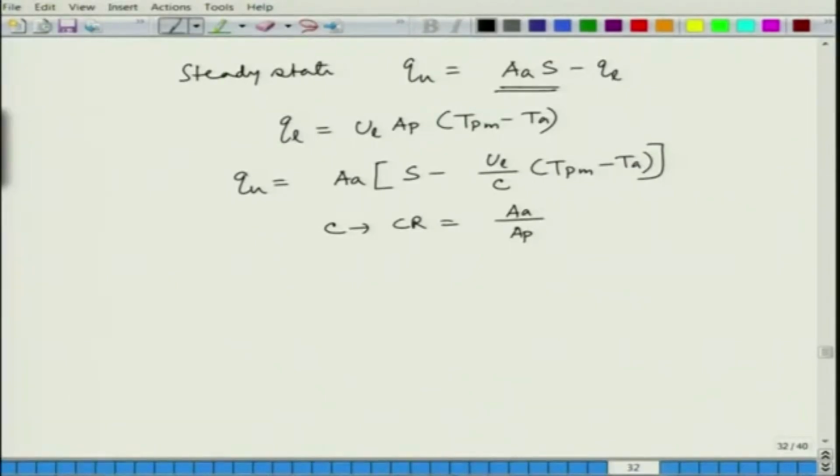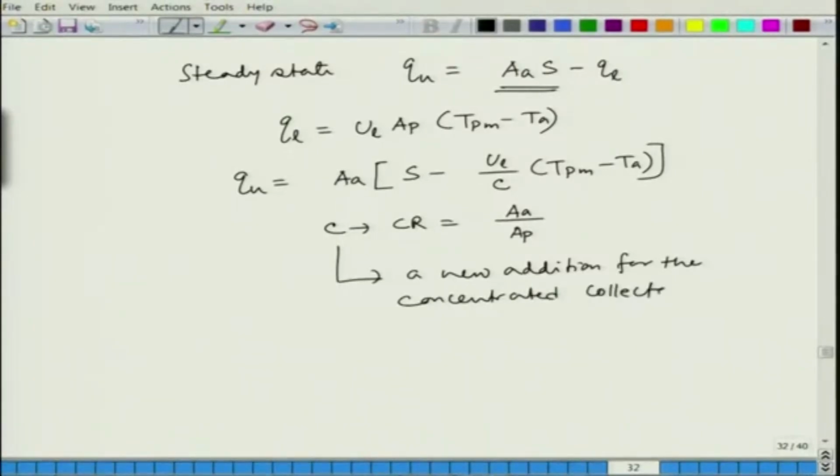Okay. So, this factor is a new addition for the concentrated collector, isn't it? Earlier you had only one area and you did not have any factor C for flat plate collectors.